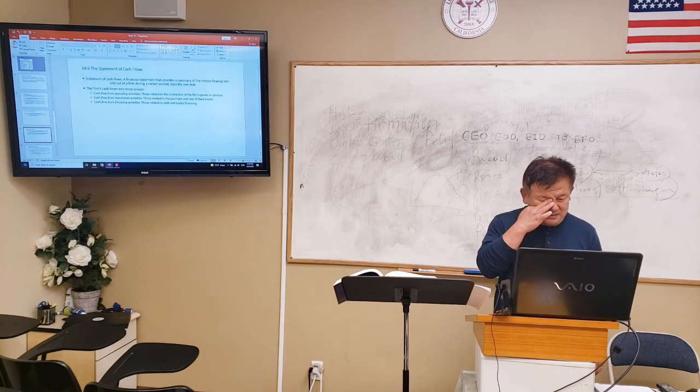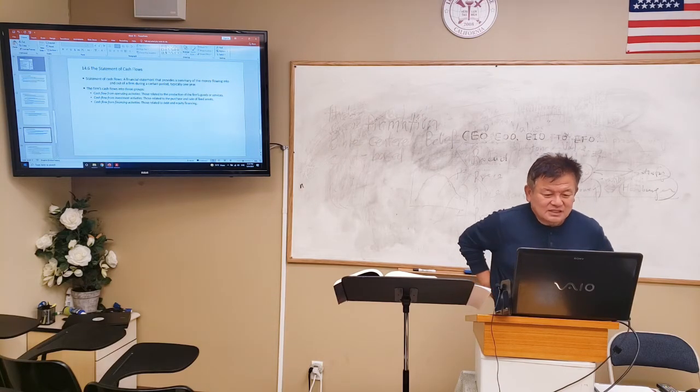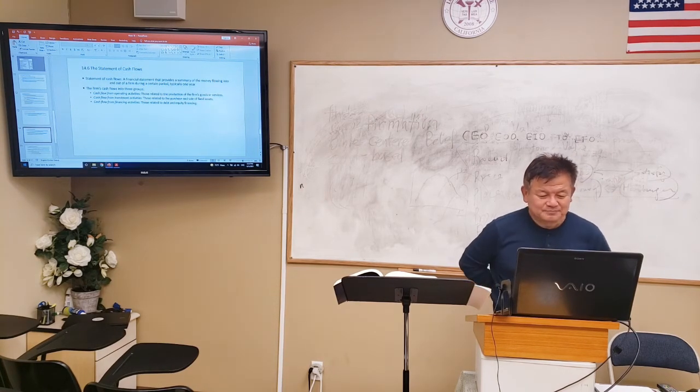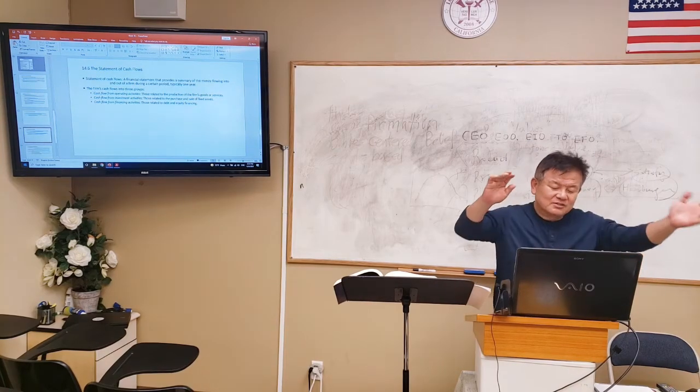And the statement of cash flow. The third one is the financial report. The statement of cash flow is the financial statement that provides a summary of the money flowing into and out of a firm during a certain period, typically 1 year, because it follows the accounting year from January to December.